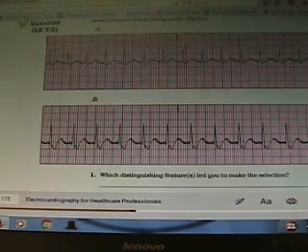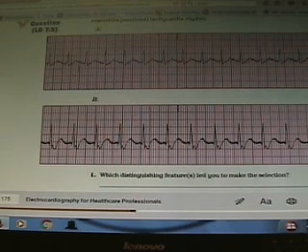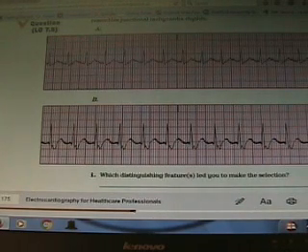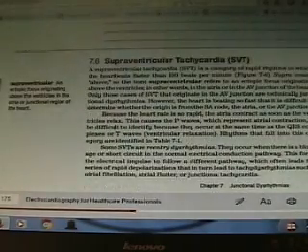That's not a medical term, smush. But do you see how the P wave is still there, but it's going so fast that it's bumping up against the previous T wave? But this one, the P wave is almost non-existent. That's not good. So that's got to be a junction.